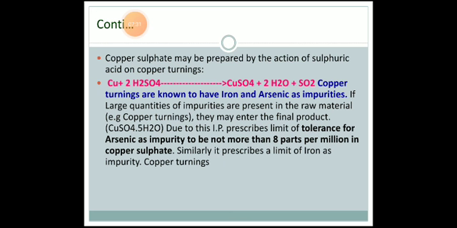If these impurities are present in large quantity in the raw material, they may enter the final product. Due to this, the limit of tolerance for arsenic as impurity should not be more than 8 parts per million in copper sulfate. So it prescribes a limit of iron as impurity for the copper turnings.